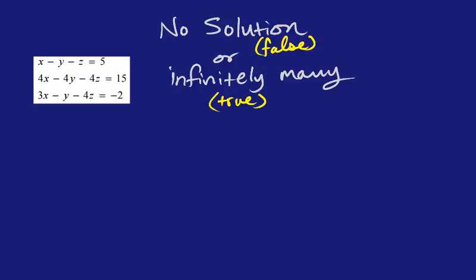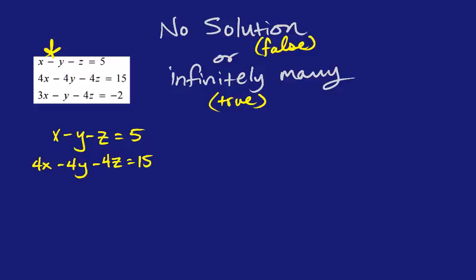So let's take a look at this one. You've got x minus y minus z equals 5, and 4x minus 4y minus 4z equals 15. If I asked you which variable you want to cancel out, you might say z's, that seems pretty easy, or maybe y's, or x's, which don't seem too bad either.